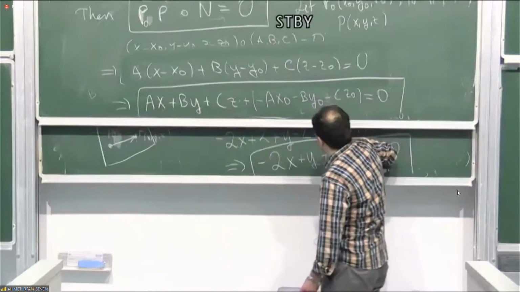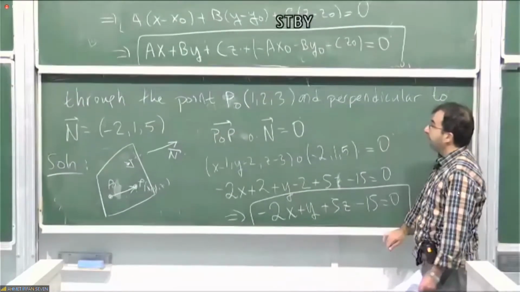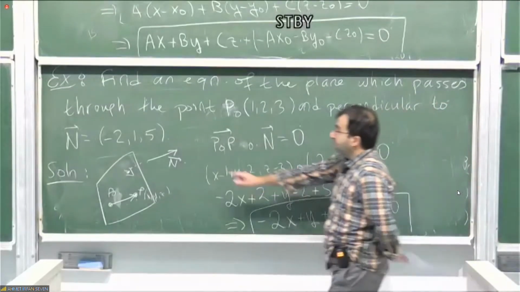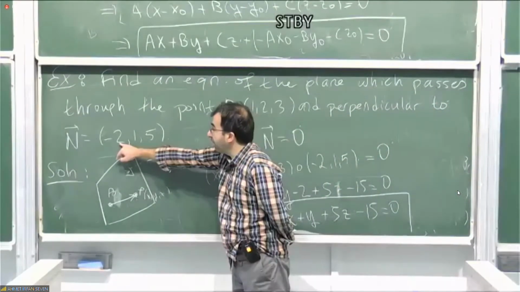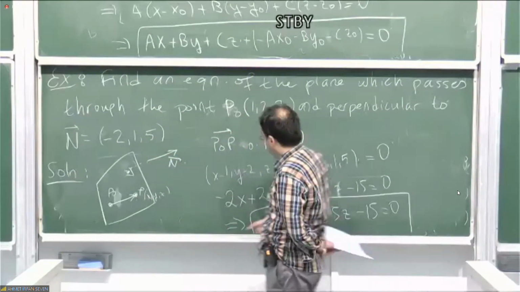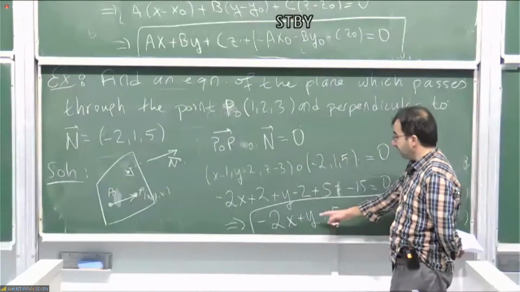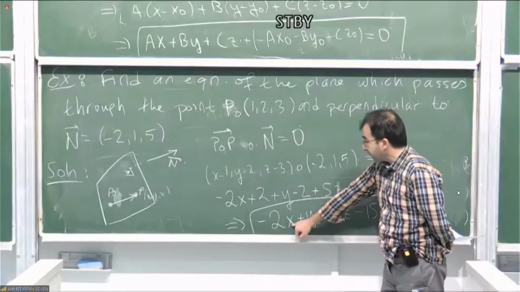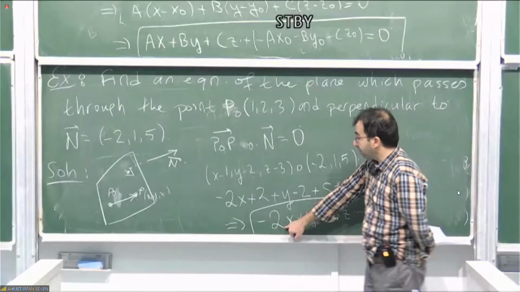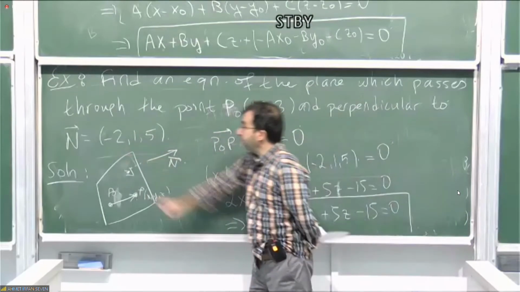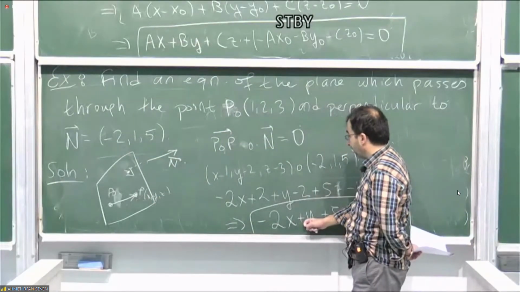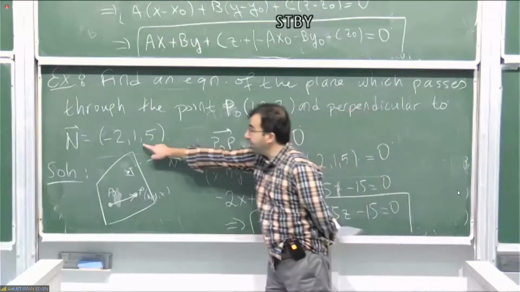So let's look at this also in here. This normal vector had components minus 2, 1, 5. So they show up here as coefficients of these variables x, y, z. We have minus 2 in front of x, as we had here. There is 1 in front of y, which is the 1 here.